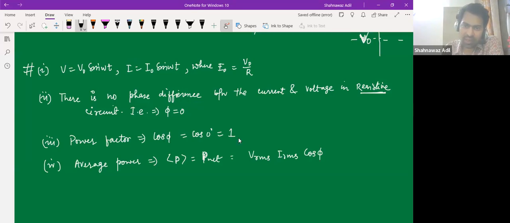So cos of phi is 1, so this would be simply VRMS and IRMS. And you already know that what is VRMS? Do you remember what is the RMS value? RMS value is related with peak value, right? So what is VRMS?